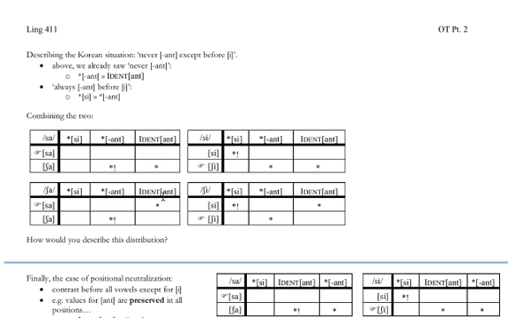Well, the fact that faithfulness is ranked the lowest means that this feature is never going to be contrastive in Korean, even if you end up with plus anterior and minus anterior fricatives in the input. The value with which they'll surface in any given context is going to be fully predictable from one of these 2 markedness constraints.